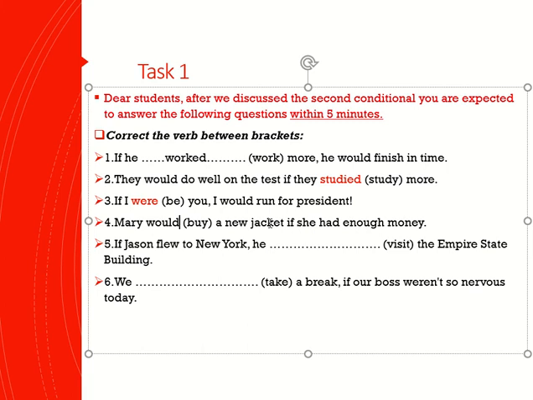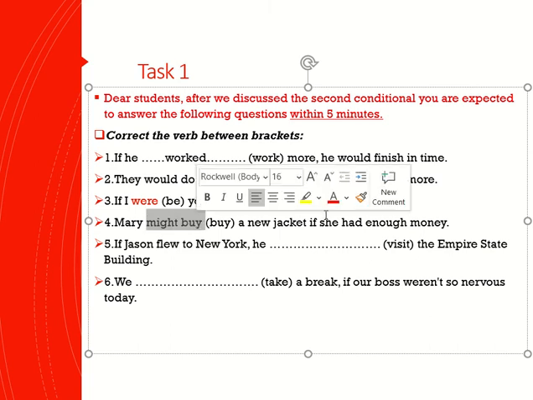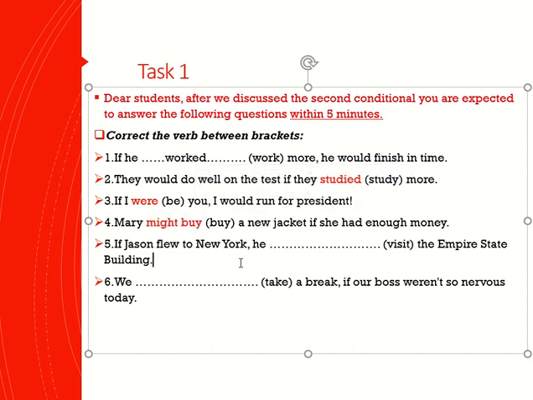Mary would buy a new jacket, or might. You can use might also. We have to put the base verb. So Mary might or would or could buy a jacket if she had enough money.